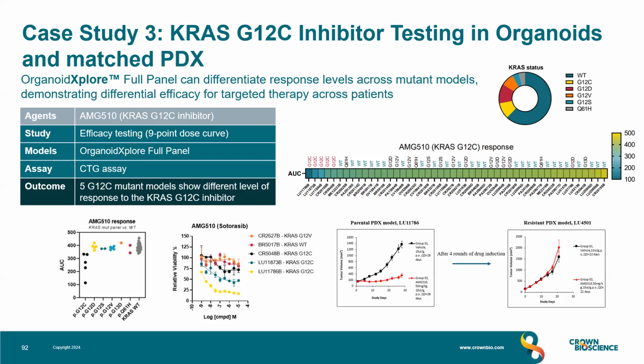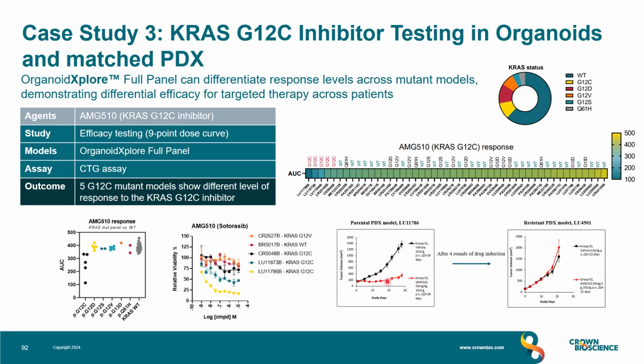The models can be selected for evaluation for in vivo studies, and we actually have in vivo models matching these organoids. So here, this is a lung PDX model, which shows a significant TGI response in this model here. But there's not a complete response. There's still some residual tumor growth, so it's not complete tumor regression.